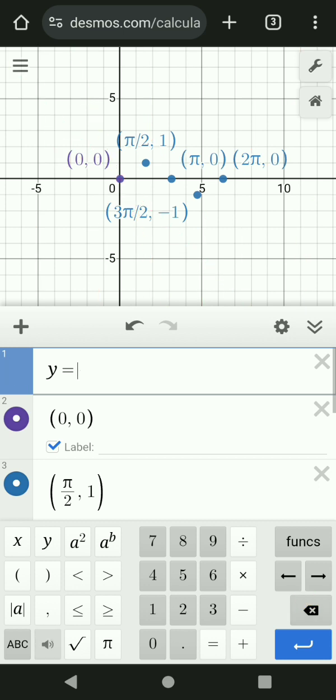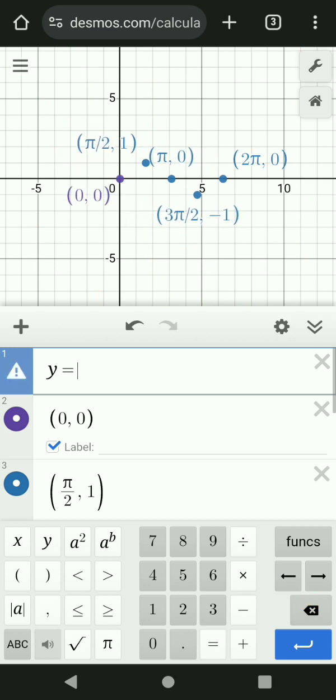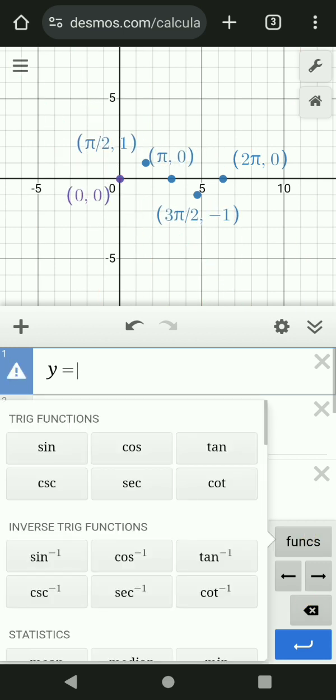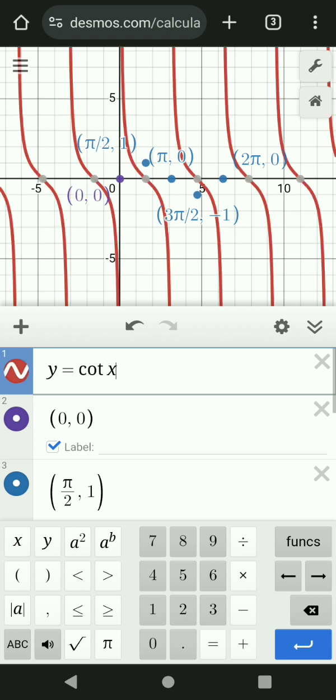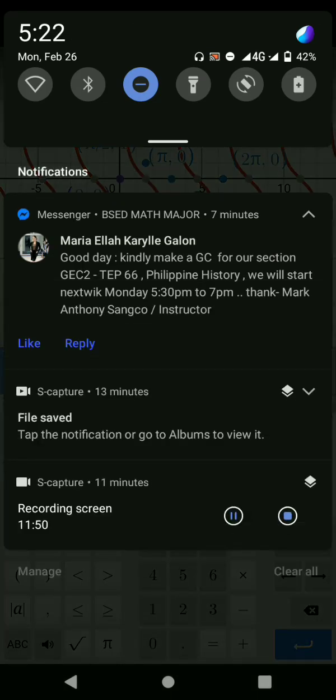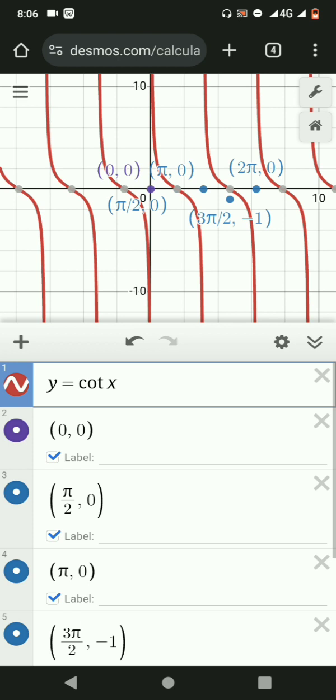So lastly, we'll have the cotangent. So the cotangent, you can see, now we have the cotangent graph.